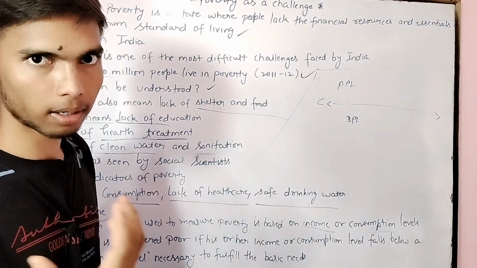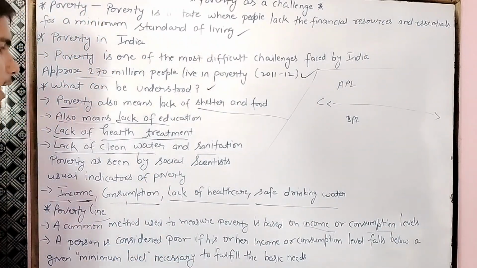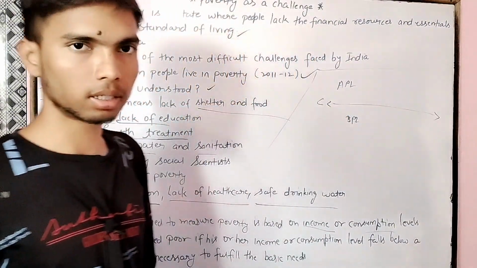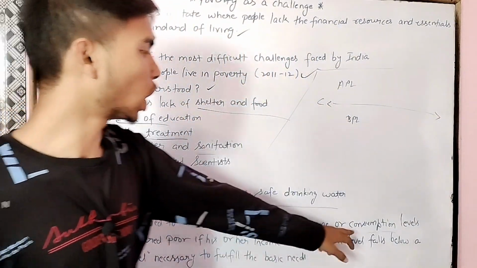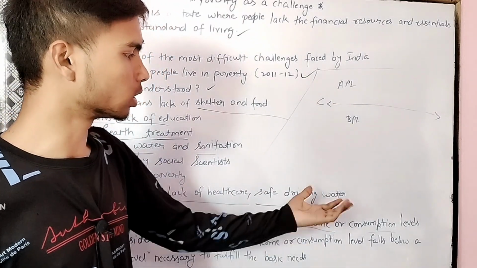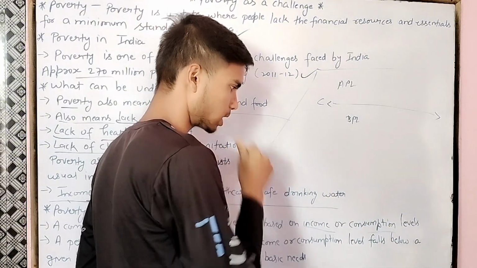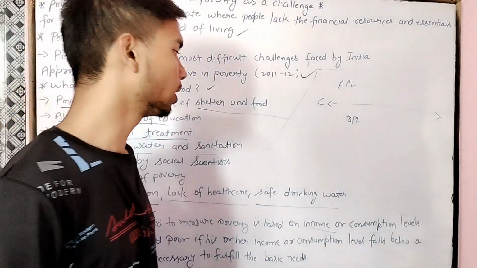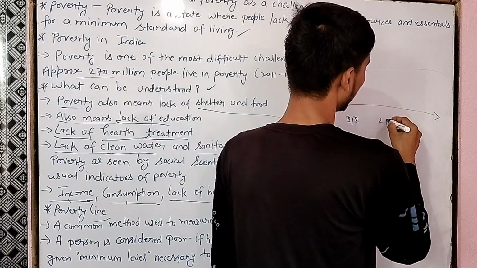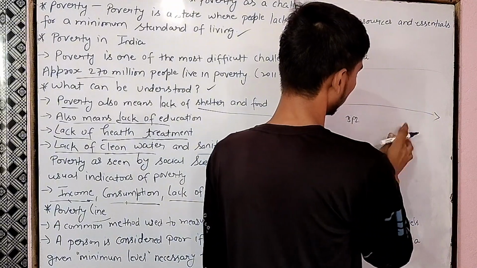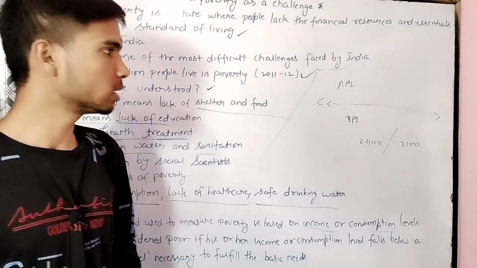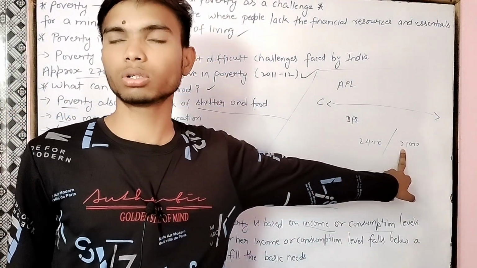So this is understood by income. Now we are going to talk about consumption level. When the word consumption comes, then obviously the word calorie will come. What is the meaning of calorie? 2400 and 2100. The number 2400 is used for rural areas, and 2100 is used for urban areas.